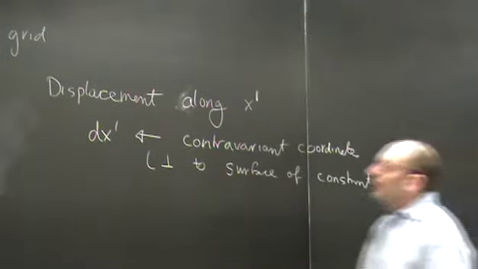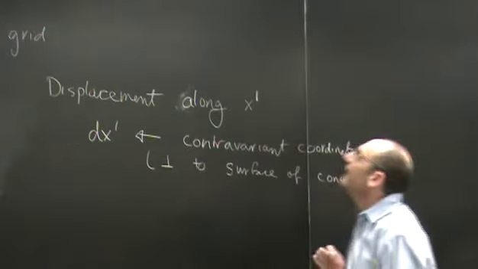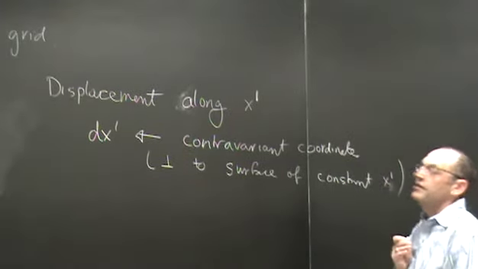So a vector that tells me how to displace in space is related naturally to contravariant coordinates.